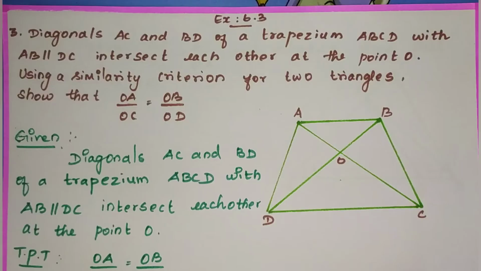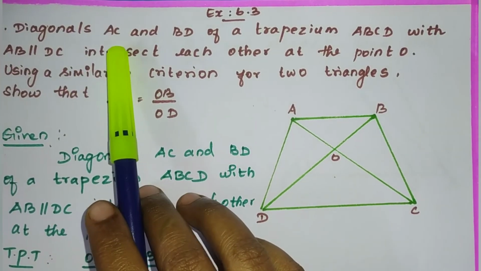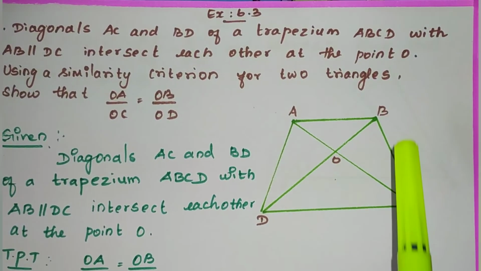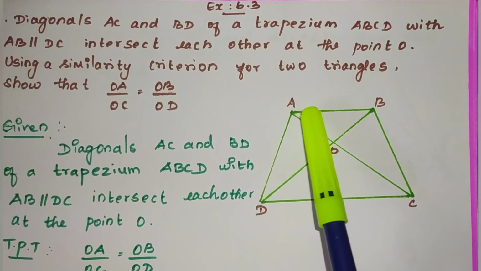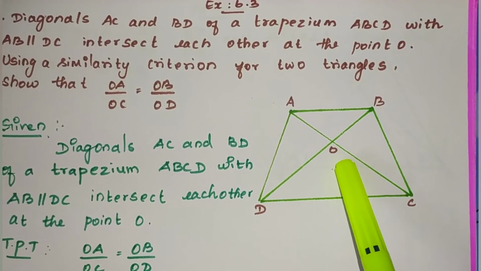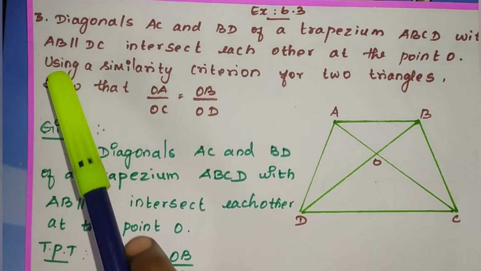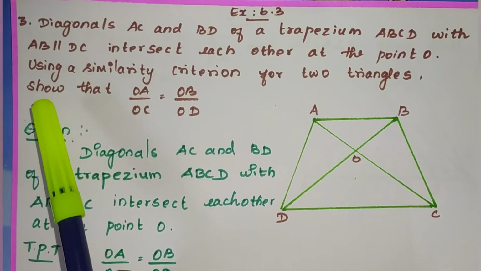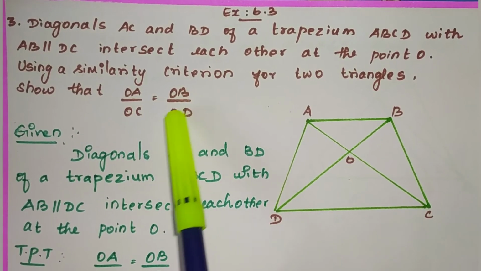Next, third problem in exercise 6.3. Diagonals AC and BD of a trapezium ABCD with AB parallel to DC intersect each other at a point O. Using a similarity criterion for two triangles, show that OA divided by OC is equal to OB divided by OD.